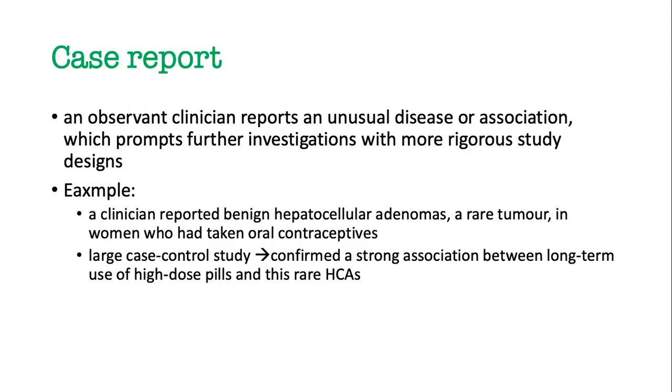An example in the past: a clinician reported a benign hepatocellular adenoma, a rare tumor, in a woman who had taken oral contraceptives, and they did a large case control study on this, which confirmed a strong association between long-term use of high-dose pills and this rare hepatocellular adenoma. So it began with just a case report, and then they expanded it to a case control to really confirm the association.